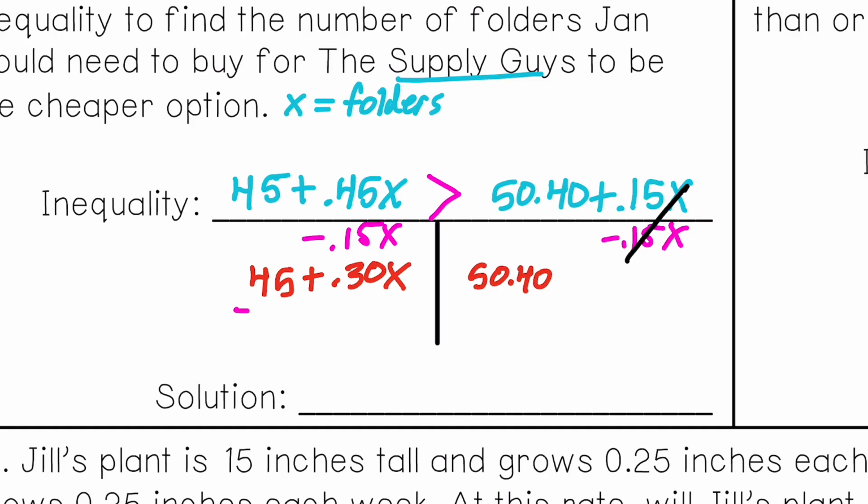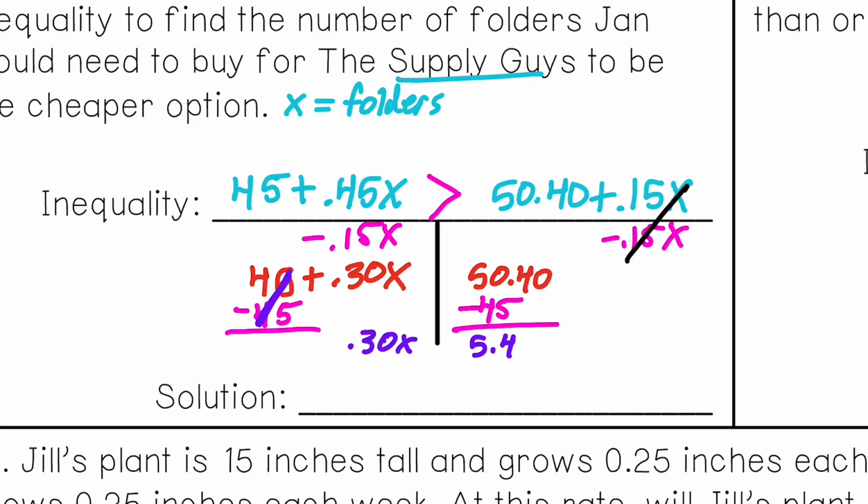So minus 45 on both sides. And 45 and 45 goes away, and I'm left with 0.30x. And 50.40 minus 45 is 5.4.